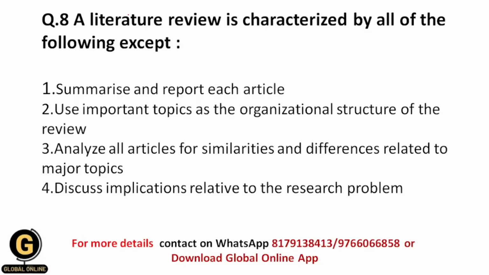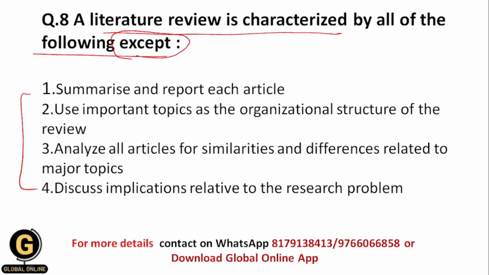Now, in this question, a literature review is characterized by all of the following except. Here they have given the characteristics of literature review, and we have to find the one option which is not a characteristic of review of literature, because here except is given. So first is summarize and report each article.